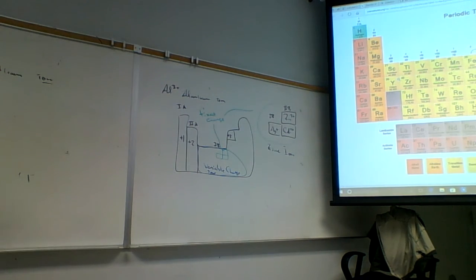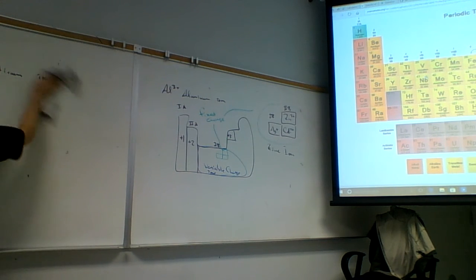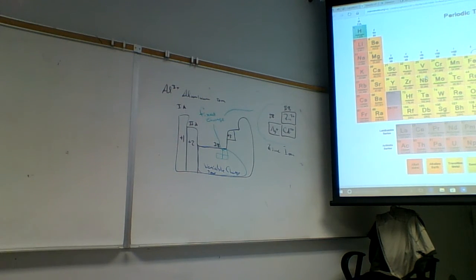All right, so those are the variable charge cations, monatomic, and then we look at the polyatomic cations next. The polyatomic cations are going to have more than one atom.